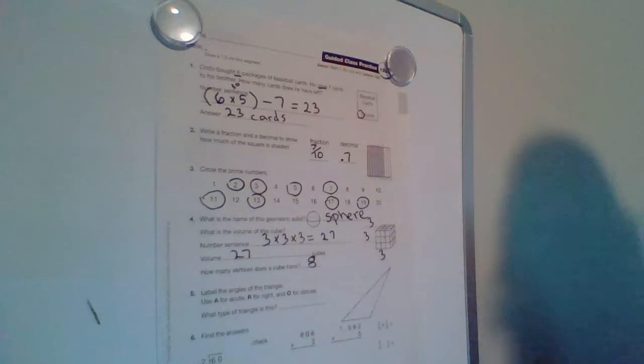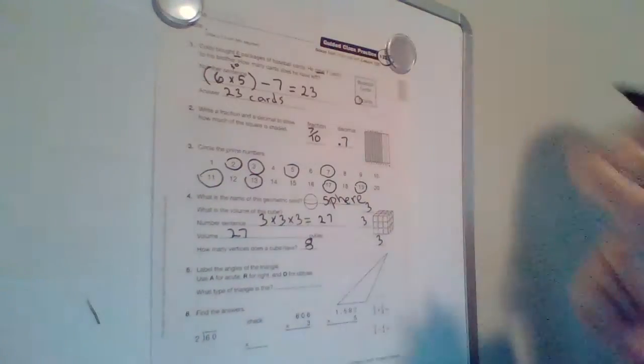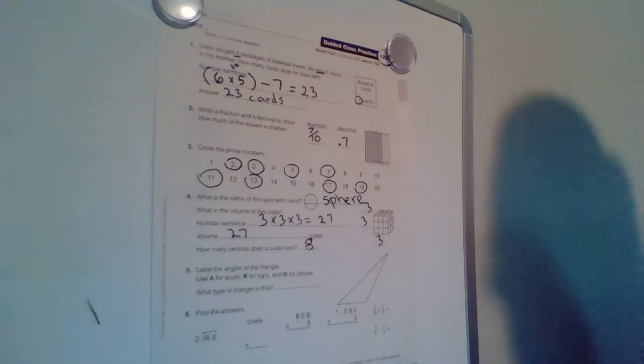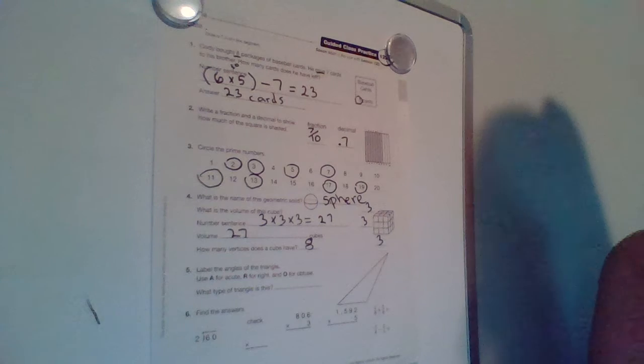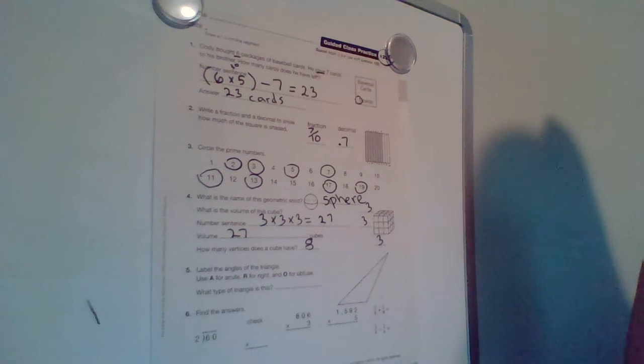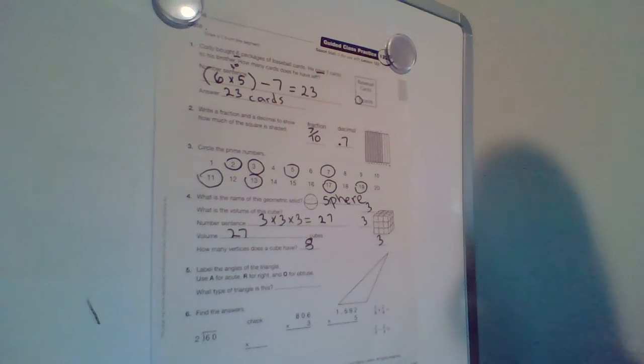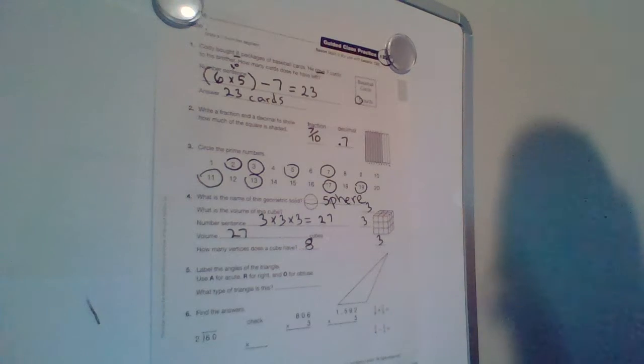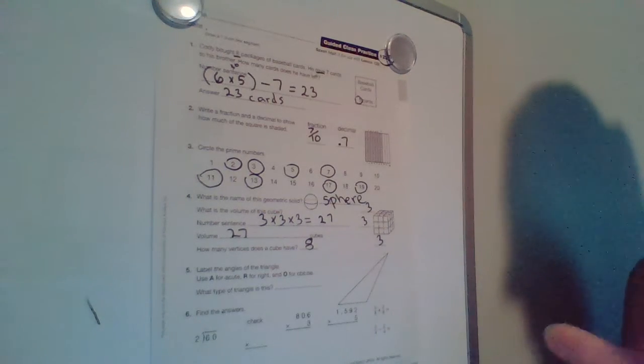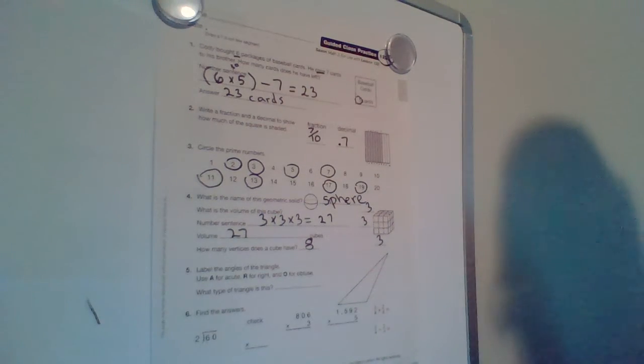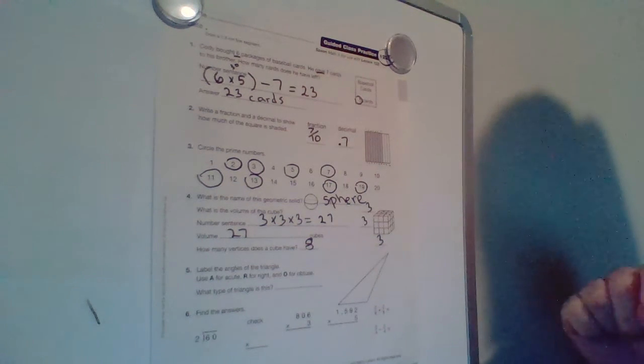Label the angles of this triangle. A is for acute, R is for the right, and O is for obtuse. Remember, the acute is the cute little tiny angle. R is for the right, and O is for obtuse. Now, I don't see any right angles on there. There's nothing that looks like the shape of an L. They're all kind of crooked, aren't they? So it looks like we have 2 really skinny ones, right?